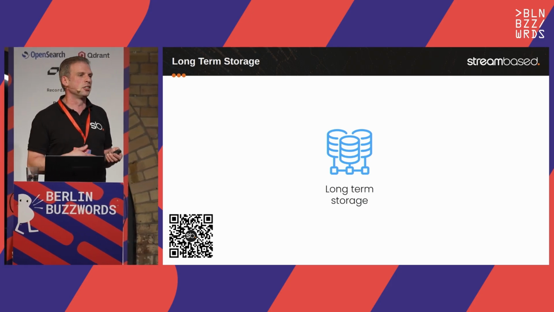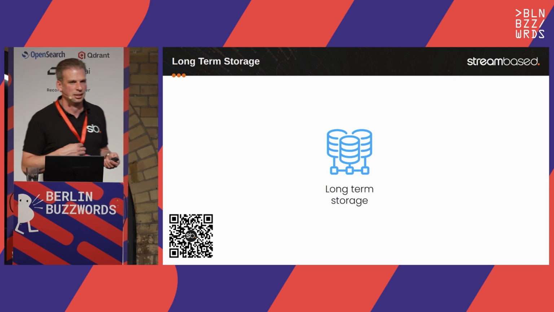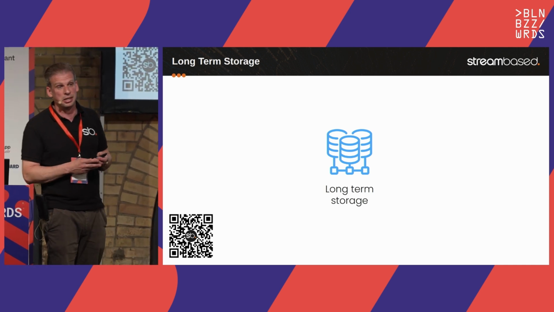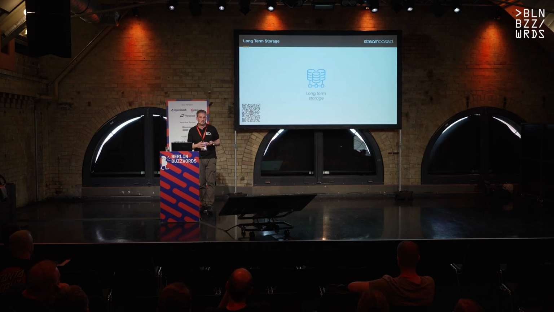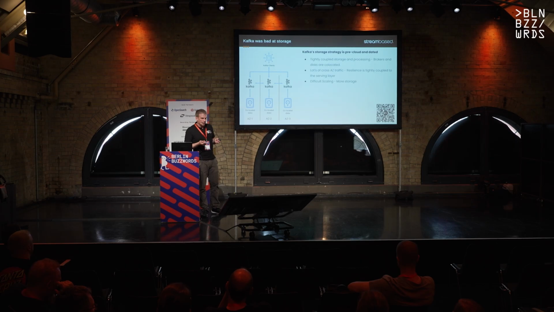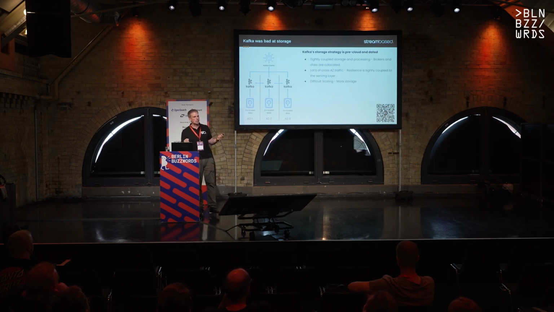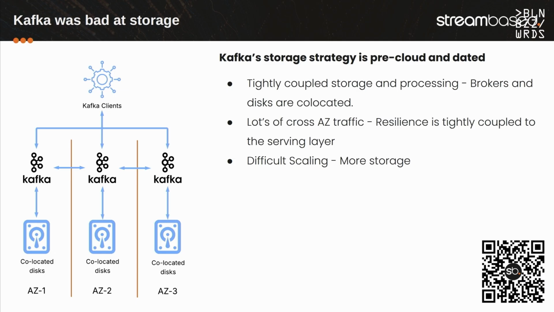There's nothing really contentious about storing data for a long time. And I would have to say there's nothing really contentious about storing data for a long time in Iceberg. It's what it was designed for. It's really great at it. Kafka, however, was not. Kafka is from a pre-cloud world where we had co-located storage with the application, and we made the application responsible for replication.